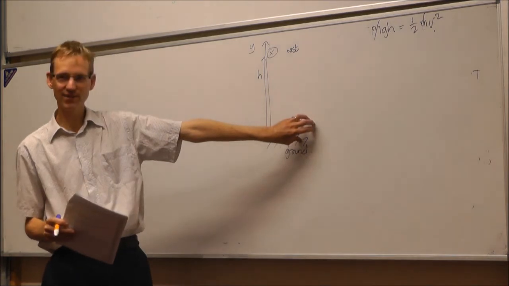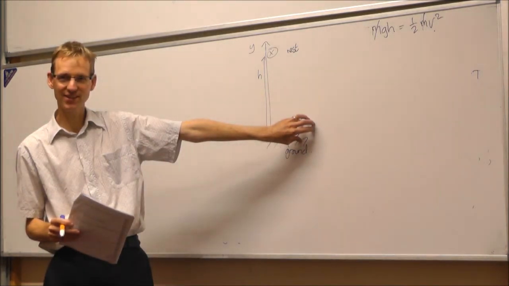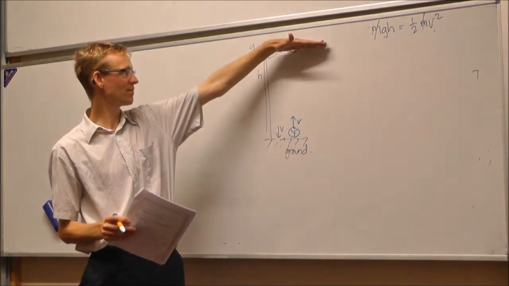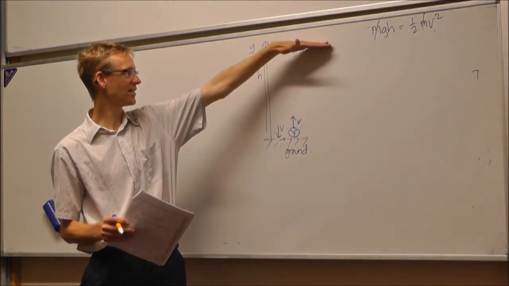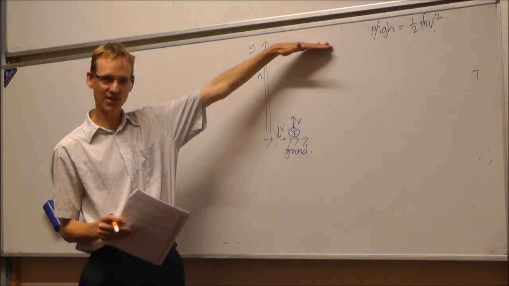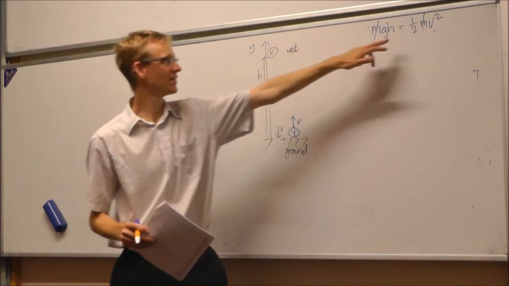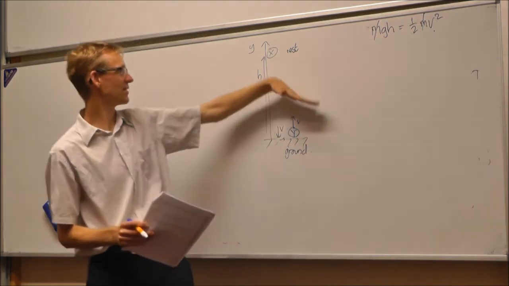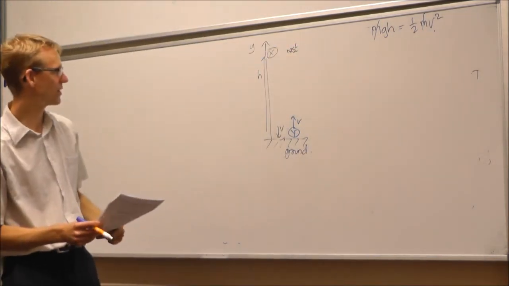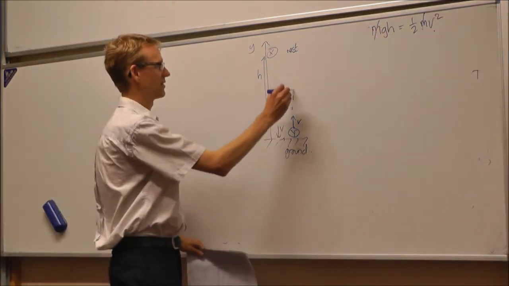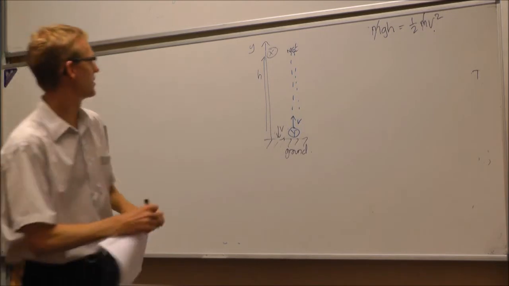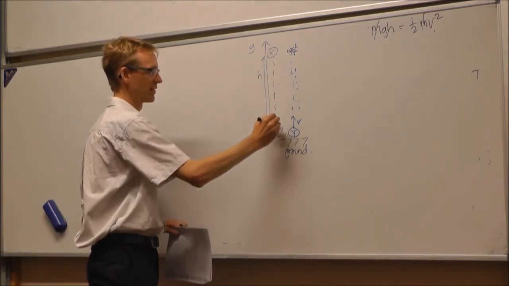This is half mv squared and no potential energy, so when it comes to rest, just before it moves back down again, it's got to have mgh potential. Instead of half mv squared, it's going to be the same height, which is probably going to be quite useful. So this is going to go up and down again, and this one just comes down.